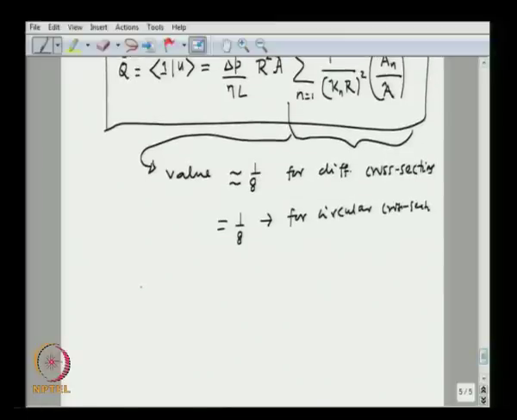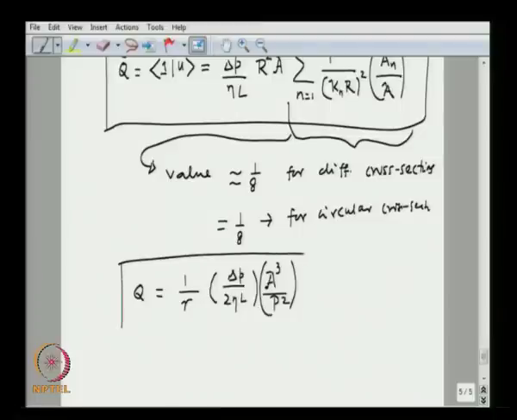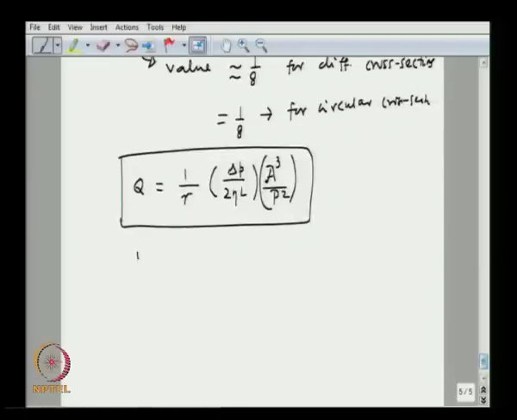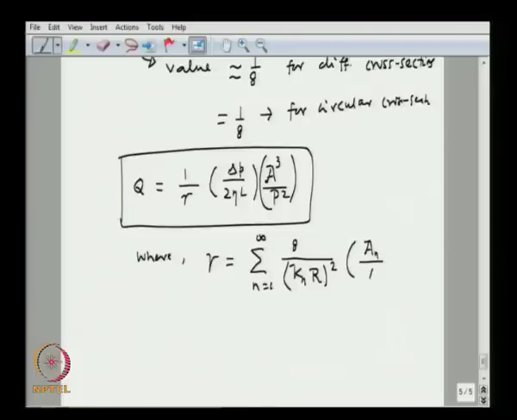So, we can write the expression for Q as follows: 1 over gamma into delta P over 2 eta L, into A cube divided by P square, that is, cube of the area over square of the perimeter, where gamma is given by the summation n equal to 1 to infinity of 8 divided by k n into R square into A n over A, and this term is found to be very close to 1.